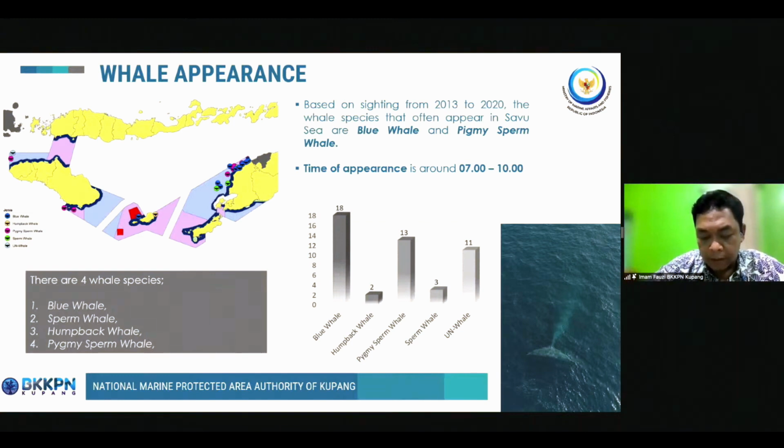The time of appearance is around 7 to 10 a.m. We noticed there were 2 other whales, humpback whales and sperm whales. But the most sightings we've seen are blue whales, followed by pygmy sperm whales, and followed by whales that we could not identify.